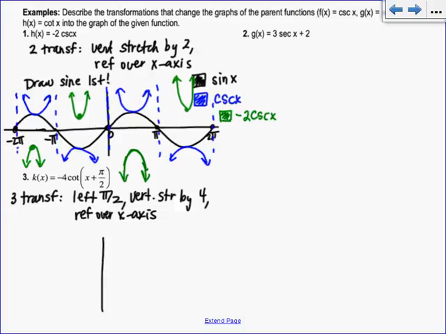Now cotangent, we don't have to draw anything before we draw cotangent. That's the nice thing about cotangent and tangent. But do you guys remember where cotangent starts? Where's it undefined? I guess that's the key. Where are my vertical asymptotes? Yeah, 0, pi, 2 pi, and so on. So I'm going to have 0, pi, 2 pi, negative pi, negative 2 pi.